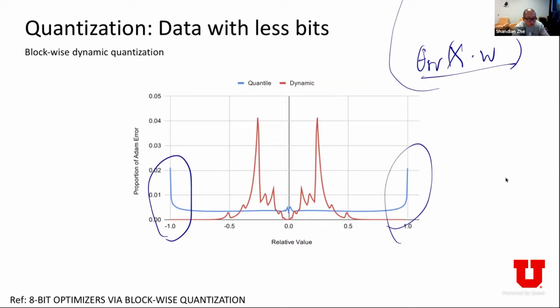Because you have a very tiny ratio of outliers, although for each outlier you might have a bigger error. Yeah, so actually, in practice, I think quantile quantization is the most efficient method, as far as I know.